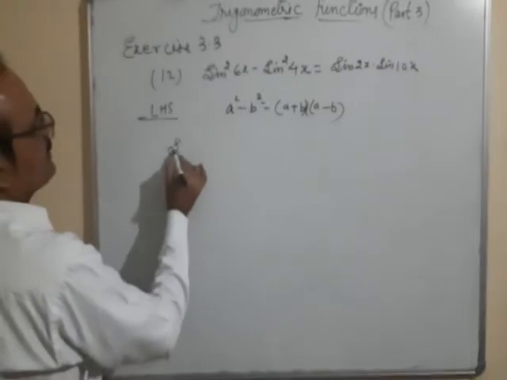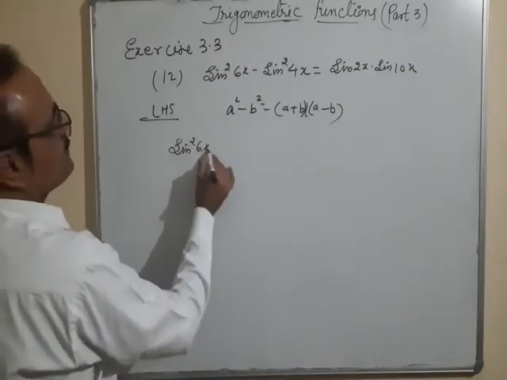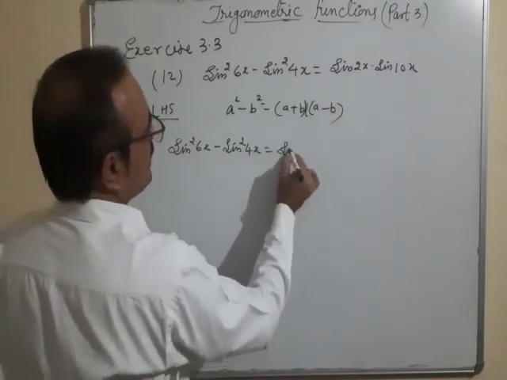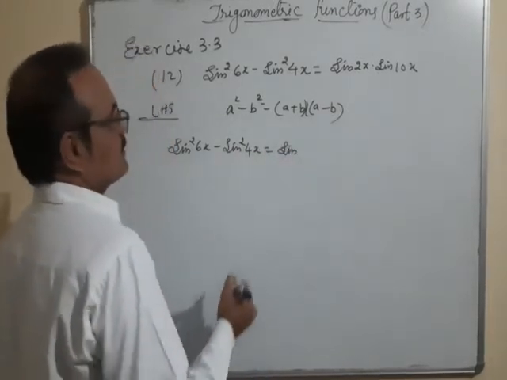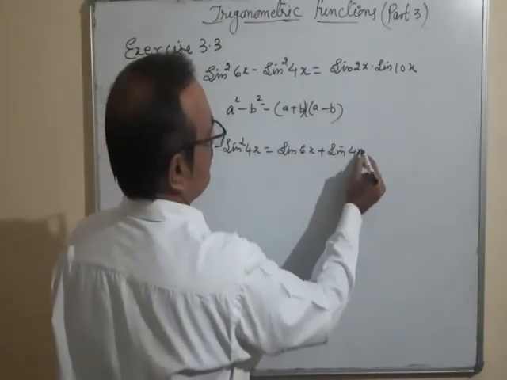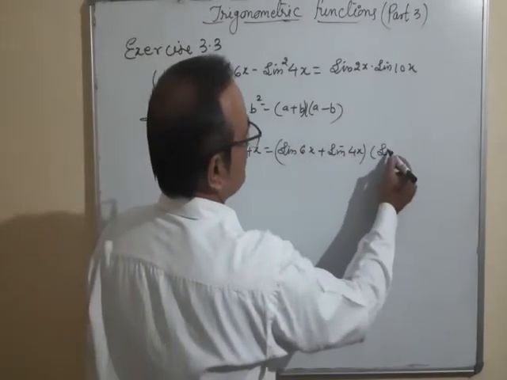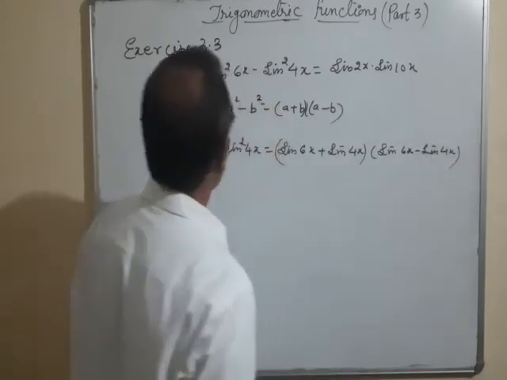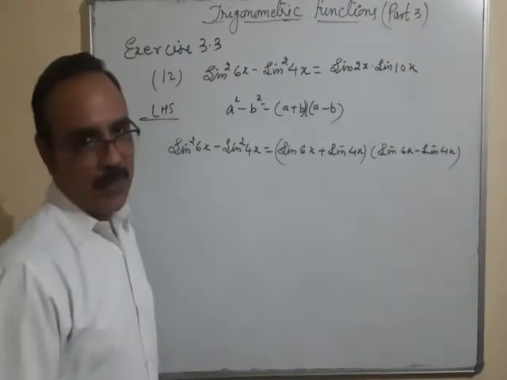So I can write here sin square 6x minus sin square 4x is equal to (sin 6x plus sin 4x) and (sin 6x minus sin 4x). A square minus b square, a plus b, a minus b.